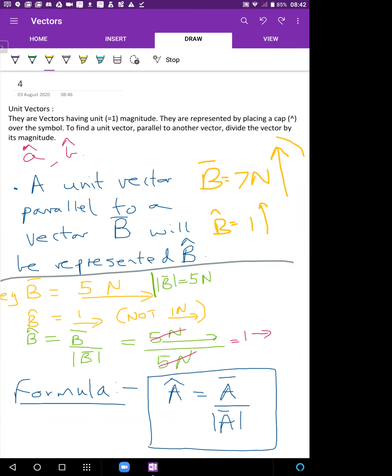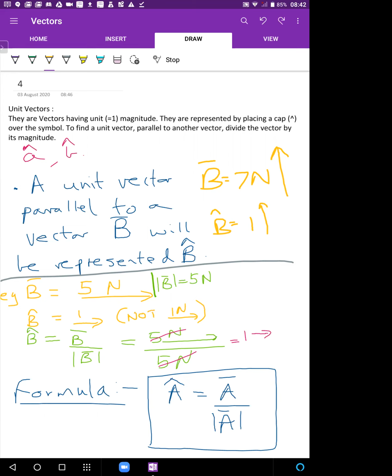So to get a unit vector parallel to this, I'll represent it with the symbol B cap. It will be a vector of magnitude 1 in the same direction as B bar.